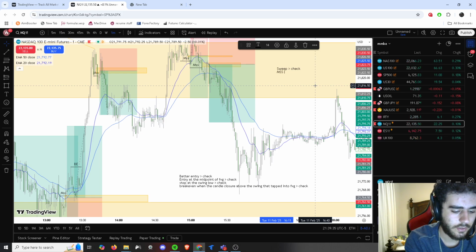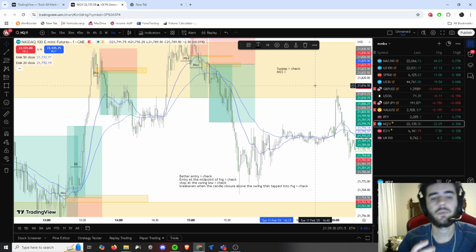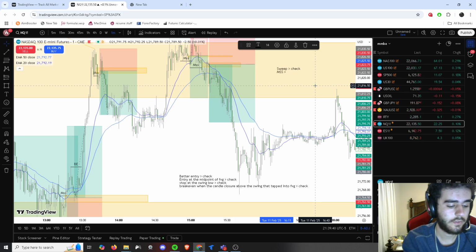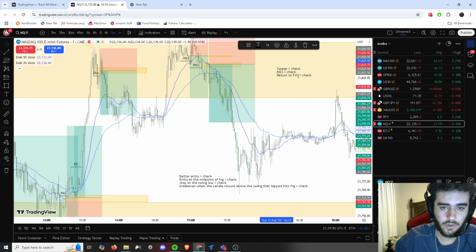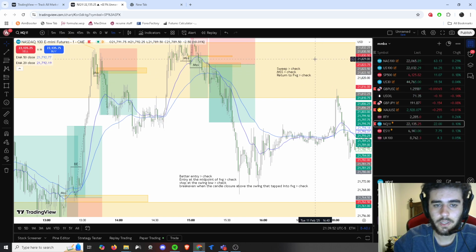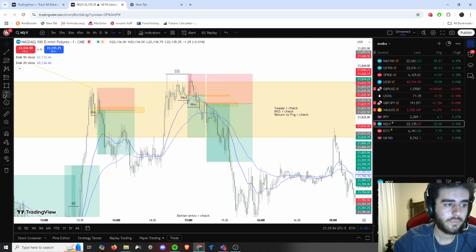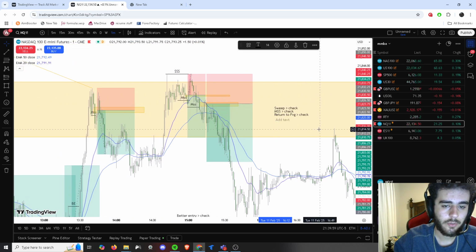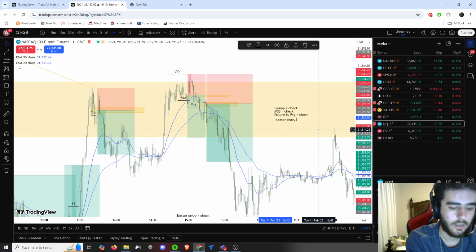So sweep, check. Market structure shifts, which occurs strictly after a sweep, or else it is not a market structure shift. Check. Return to fair value gap. Check. And now better entry. No need for better entry. Check.